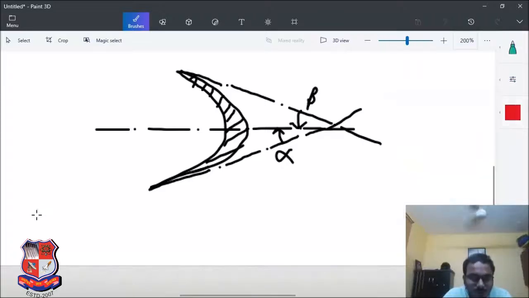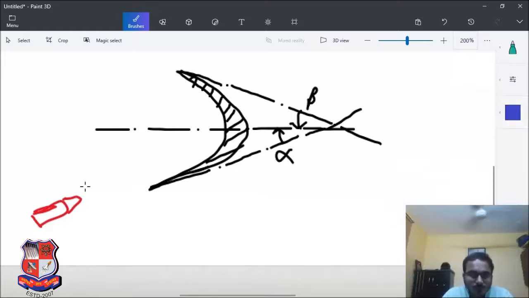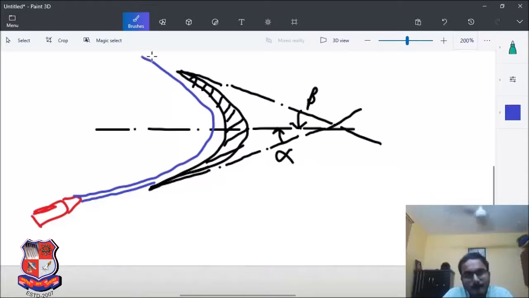So again we will draw a nozzle. So in this way it will strike.